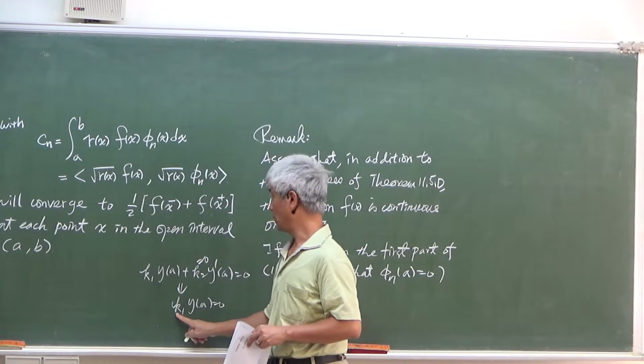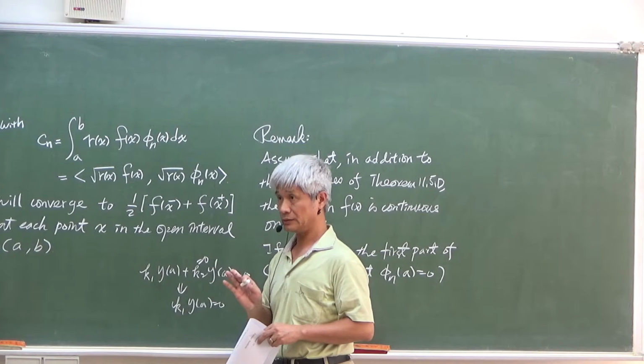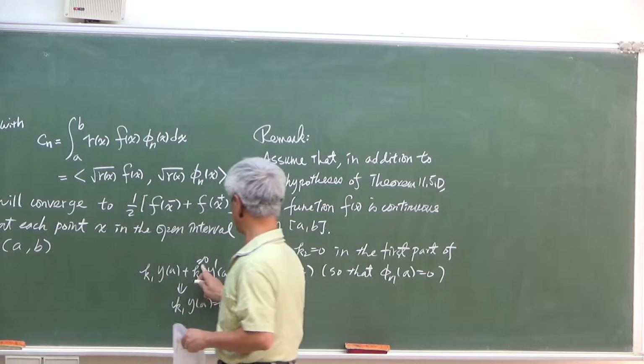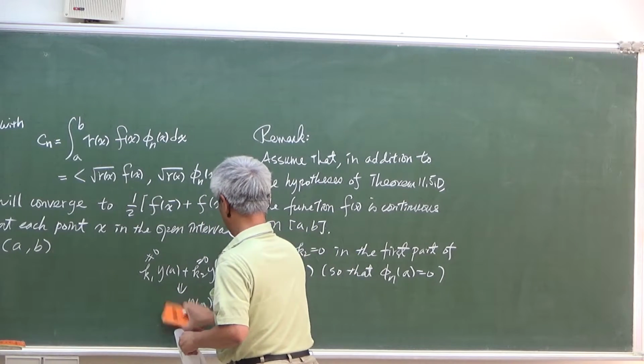But at least one of k1 and k2 is not 0, so k1 is non-zero, which implies y(a) is 0.